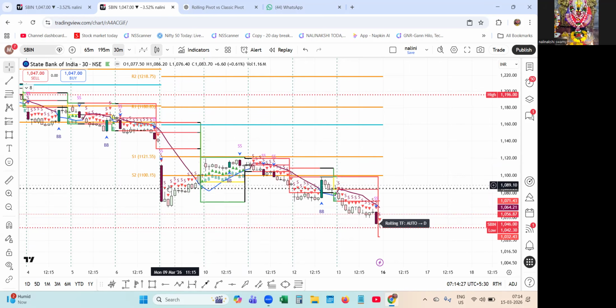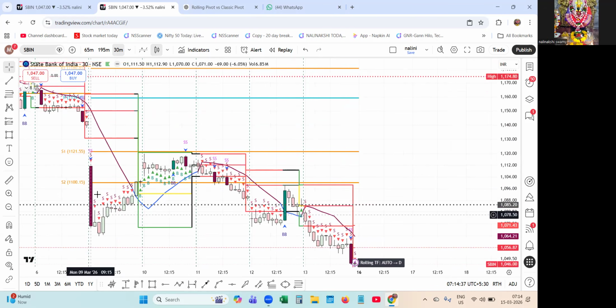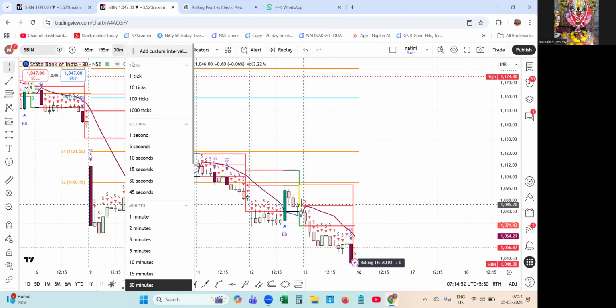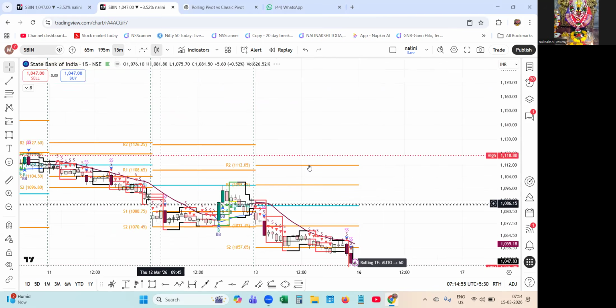How beautifully. Can you trade with these dead pivots? This is S1 and S2. Here, my indicator gives you this pivot S1. The market has fallen below S1 and it tries to form the pivot.